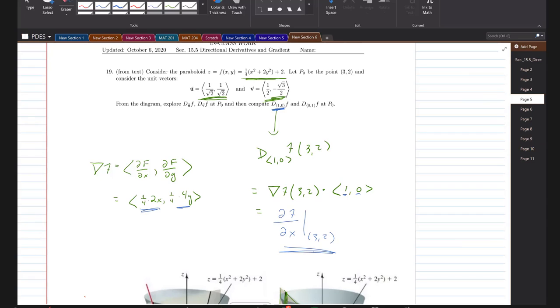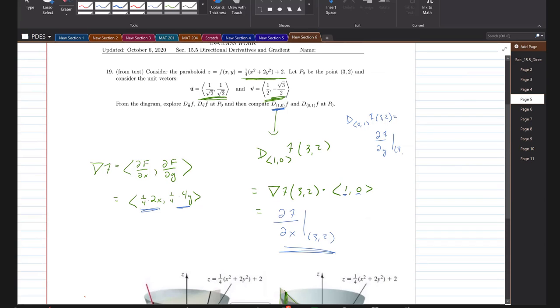So likewise, if I ask you to compute the directional derivative of the function f in the direction of 0, 1 at the point 3, 2, that's just the same thing as computing the partial derivative of f with respect to y evaluated at the point 3, 2. And so we see that our partial derivatives are, you could think of them as kind of subcategories of our directional derivatives.